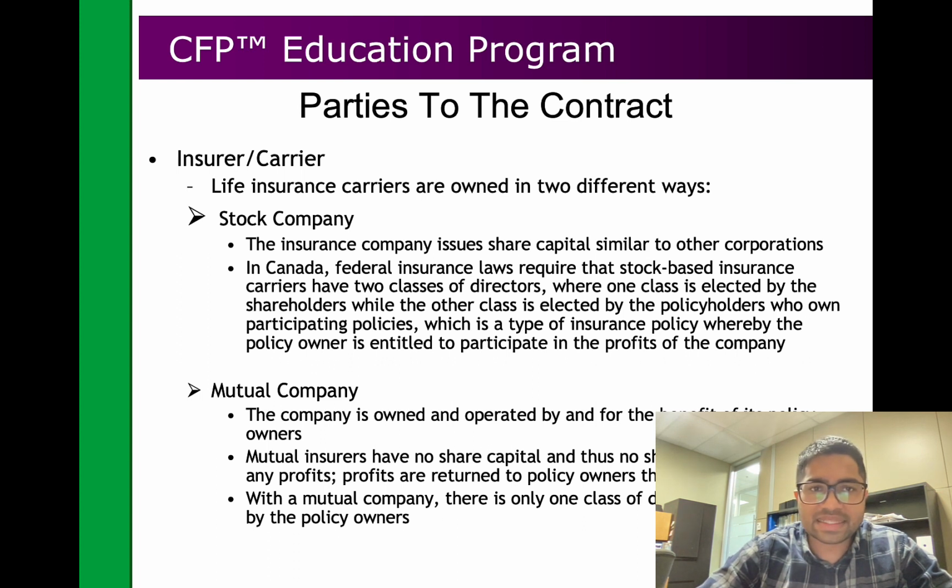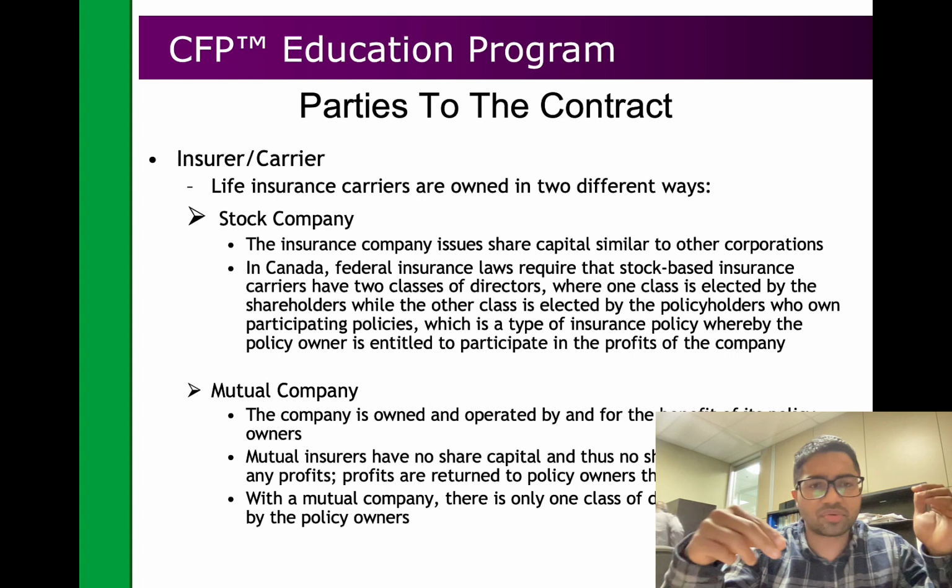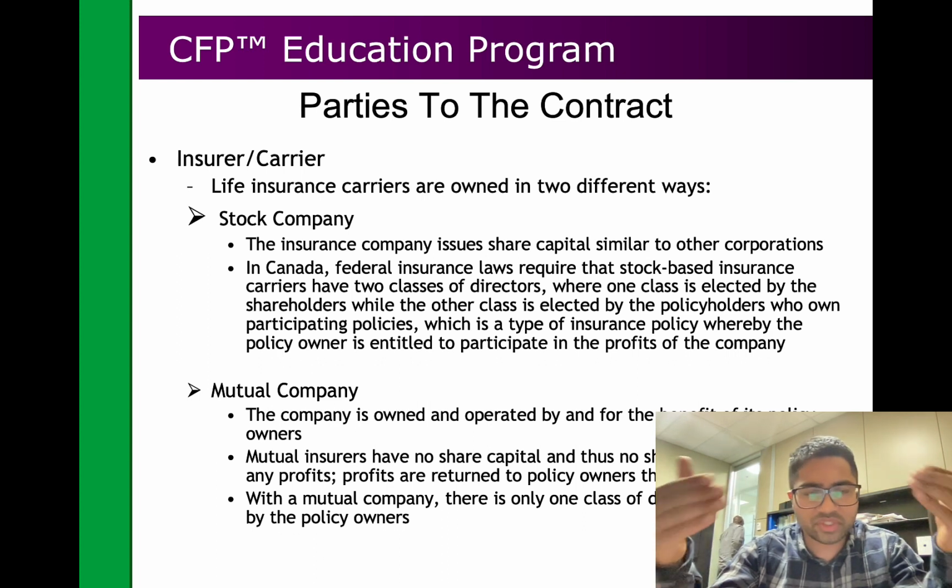An insurance company is a complicated matter because shareholders who own stocks of an insurance company are also entitled to some profits from the insurance company, but insurance companies can issue participating policies, which we are going to discuss in future discussions.